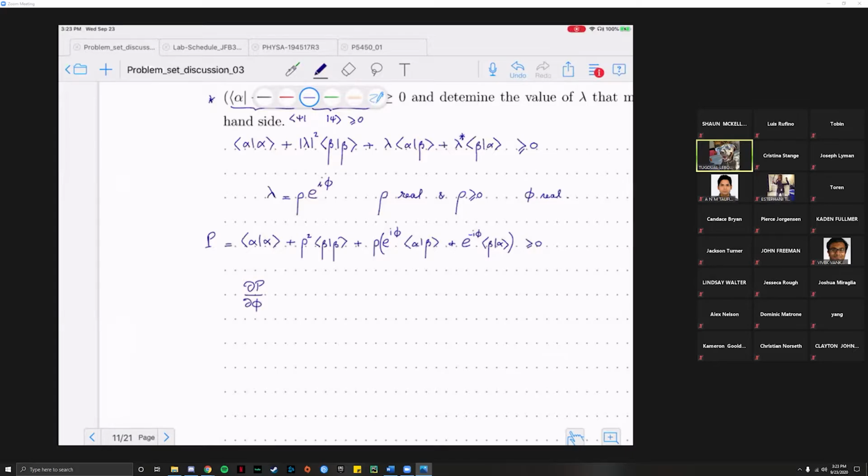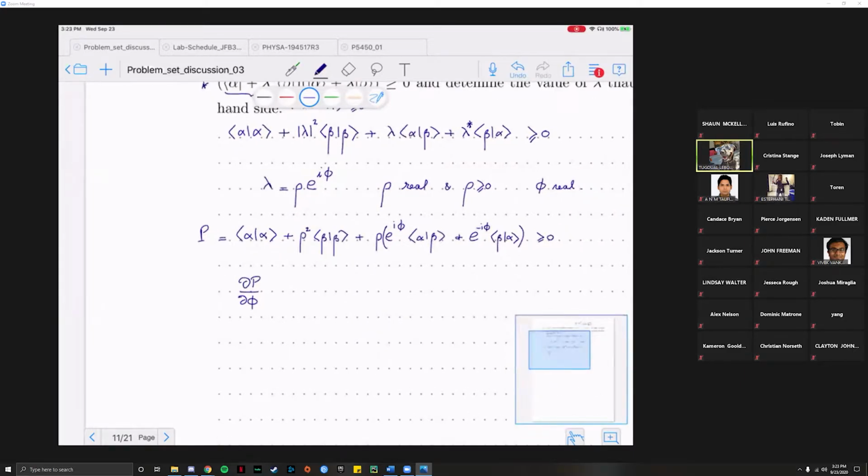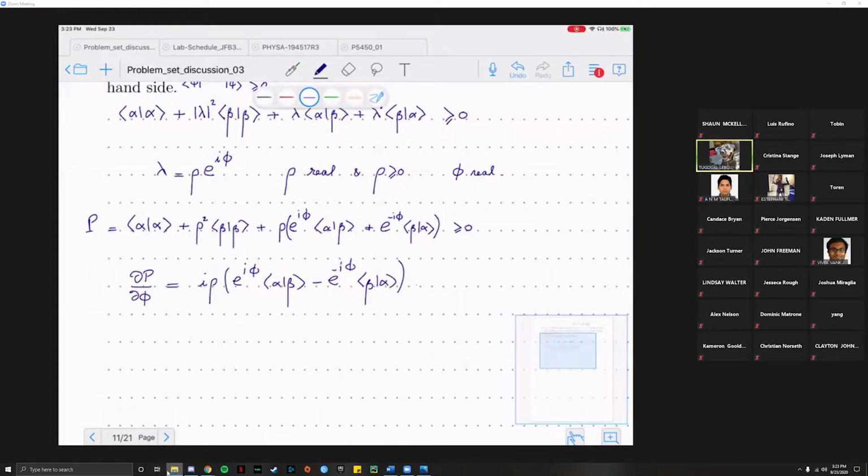So if we do this, the first two terms drop out, and then we have i rho times exponential i phi, minus, and we would like to set this to 0.